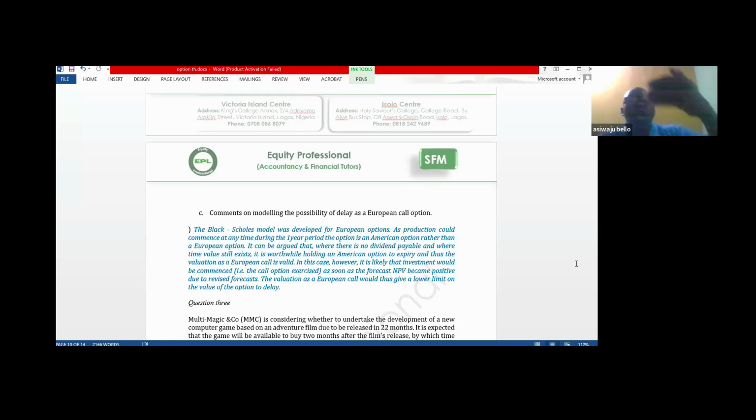As production could commence at any time during the 1 year period, the option is an American option rather than a European option, because the terms of the contract say you should commence production within 12 months. That contract is an American option contract rather than a European option.